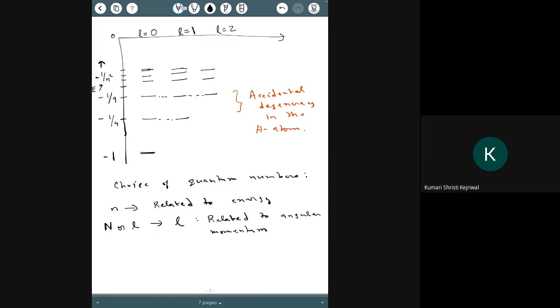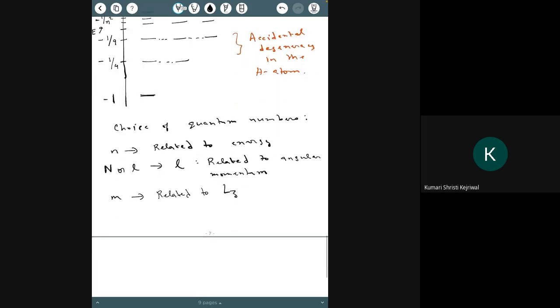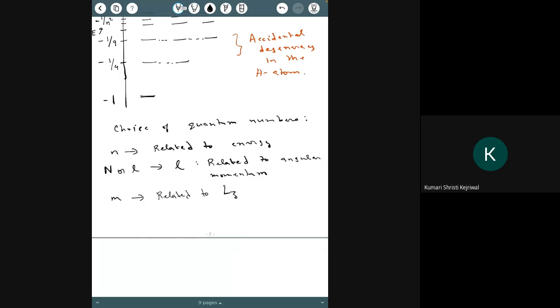And M is related to Lz, and anyhow M is pretty distinct from the rest, so you don't have much choice. So you choose M. So these are the three main quantum numbers that you get from this solution.